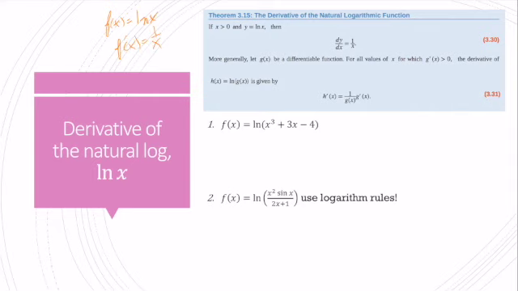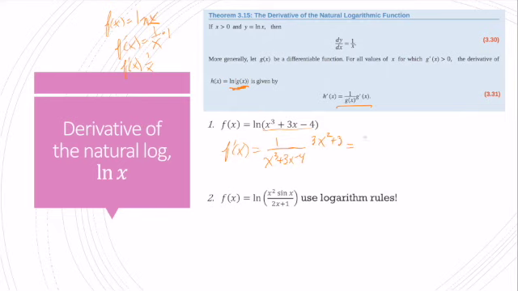If I have the natural log of a full-fledged function, not just x, we're going to want to use this form. So for this function, f of x, I have 1 over x cubed plus 3x minus 4 times the derivative of my inside function, which is 3x squared plus 3.